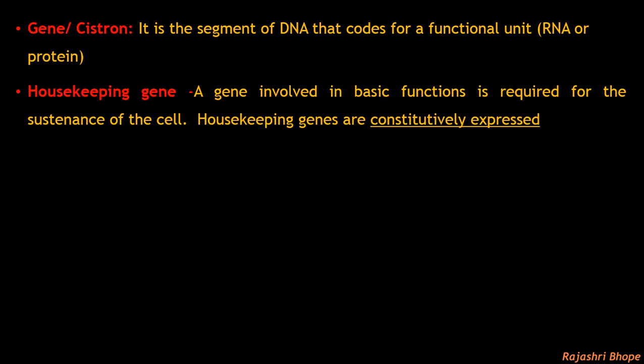Housekeeping genes. A gene involved in basic function required for sustenance of the cell is known as a housekeeping gene. These are expressed in all the cells. They carry out basic functions, for example cell division.